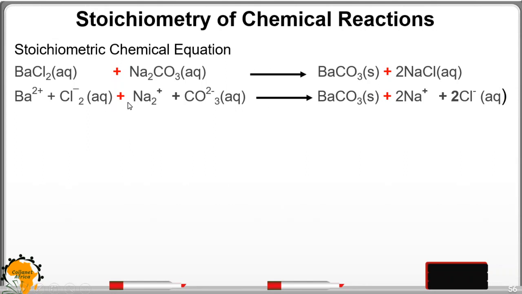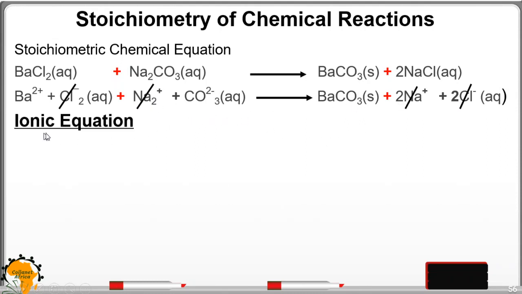Those ions that do not change are referred to as spectator ions, and they will be cancelled or omitted. Chloride appears this side, and also this side, so we cancel. And it is good to note that the 2 stands for sodium and also for chloride ion. That is why we have the 2 here and 2 here. Then the other ions are sodium ions, you cancel those.